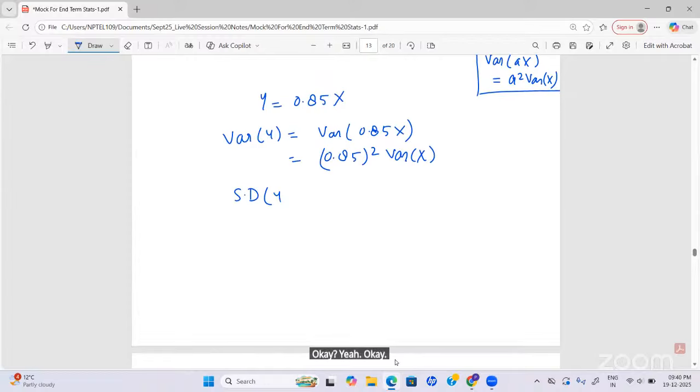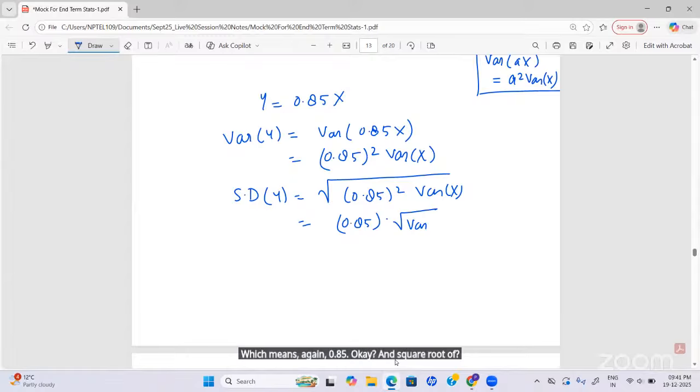Now standard deviation of y is equal to the square root of the variance of y. So square root of this thing, which means again 0.85 and square root of variance of x.